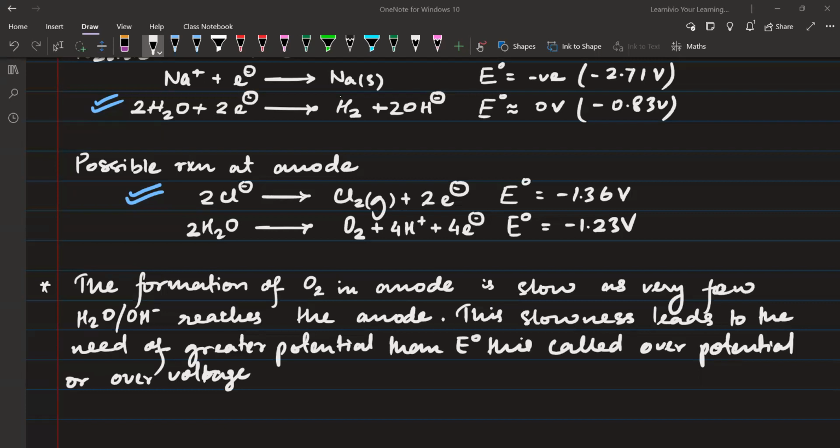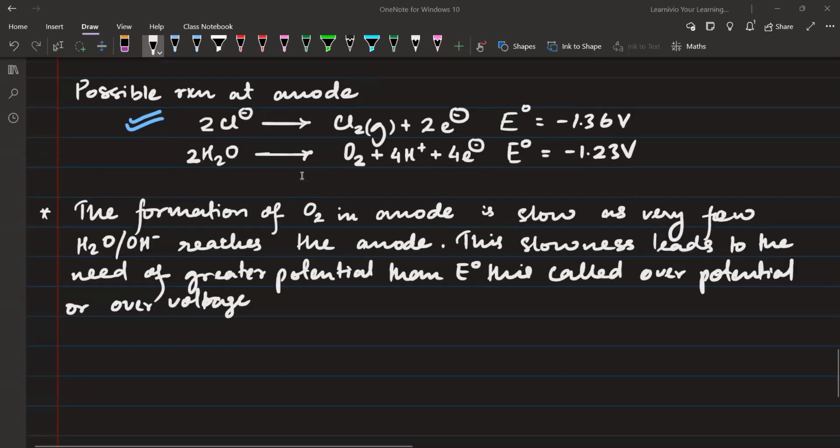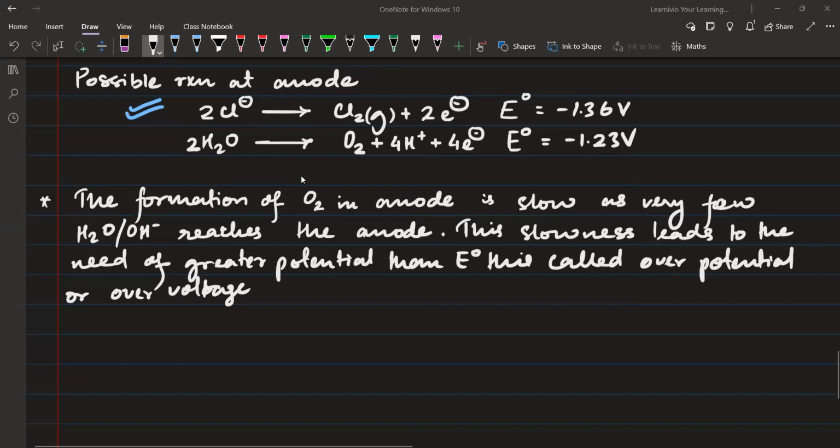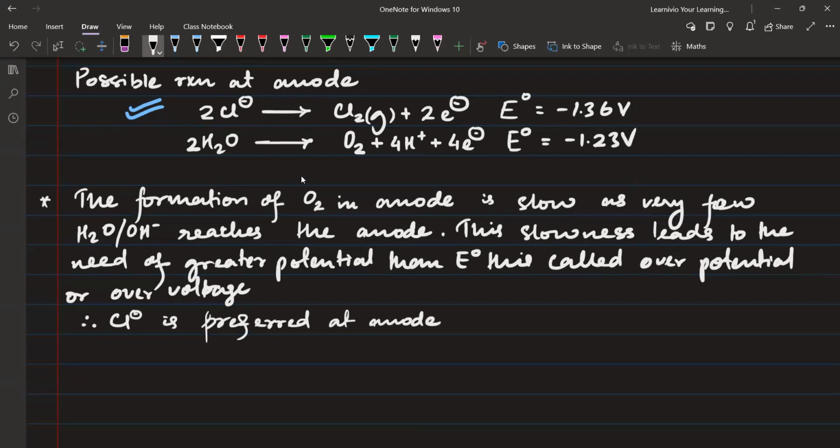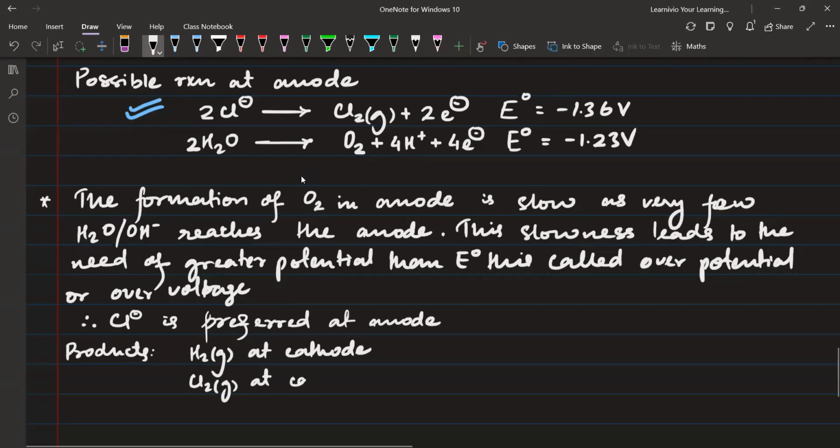Raise your hand once you're done. Take a couple more things to write here. Then we will write that Cl negative is preferred at the anode. The products you will write: H2 gas at cathode, Cl2 gas at anode.